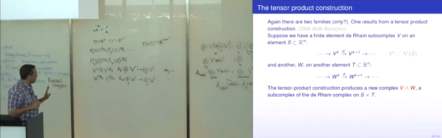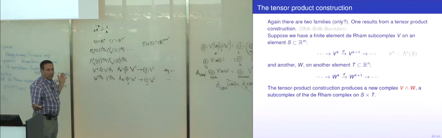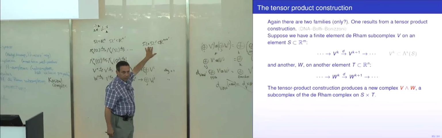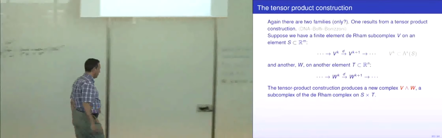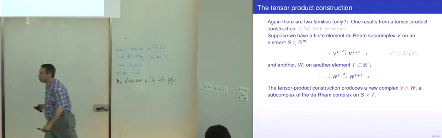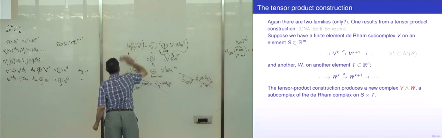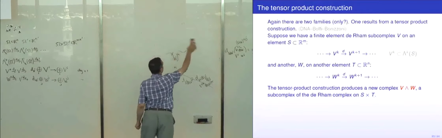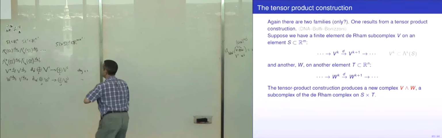Now we're not done because we want to apply that construction to two de Rham complexes, and at the end we don't just want a complex, we want a subcomplex of the de Rham complex on the Cartesian product space. So I have to interpret what we mean by this definition in the cases where the V^i's and the W^j's are spaces of differential forms on omega and omega prime.